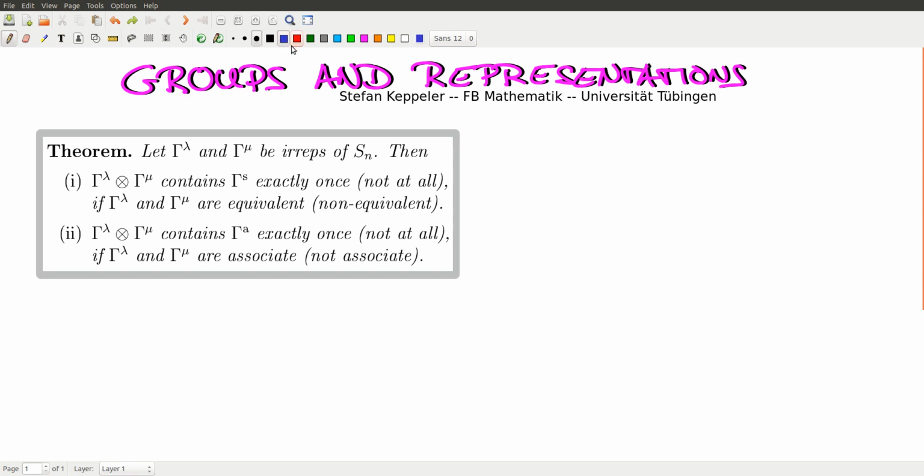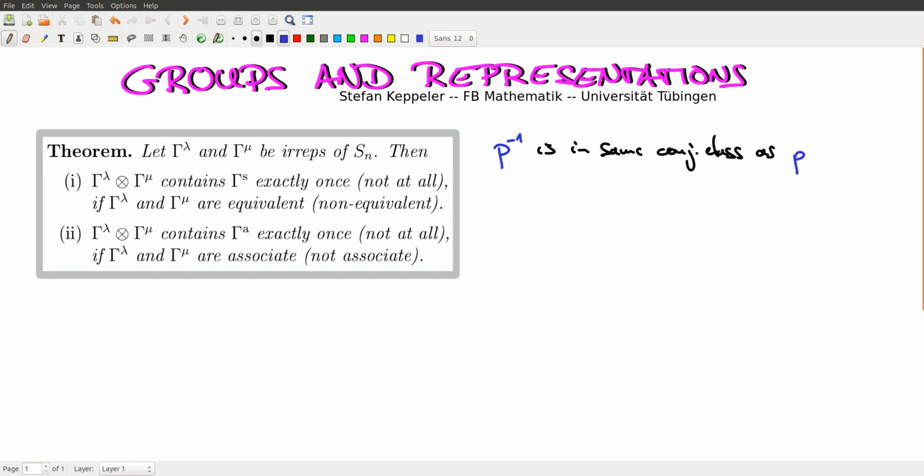Before we determine these multiplicities, let's observe that the characters for the symmetric group are all real. So why is that? P inverse is in the same conjugacy class as P. Why is that?